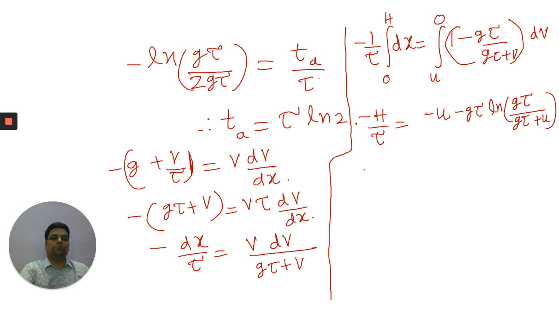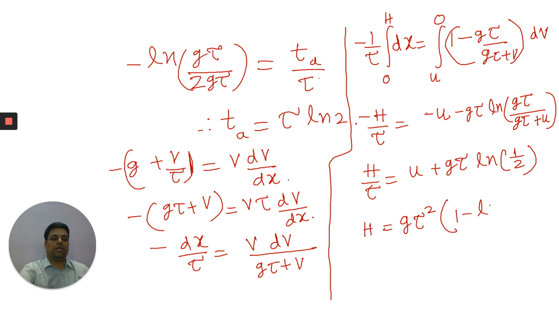So this would give me h by tau equal to u plus g tau ln, but u is g tau in the problem, so I would have ln 1 by 2. So h is equal to g tau square into 1 minus ln 2. So that is the maximum height reached.